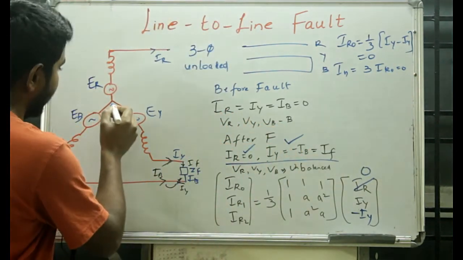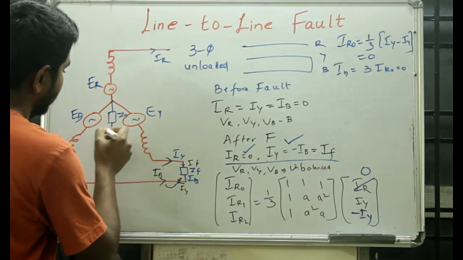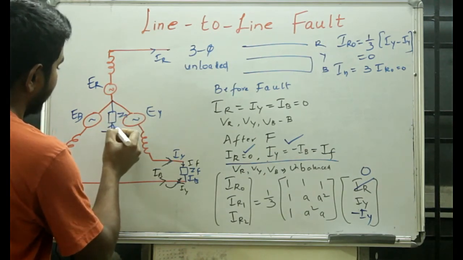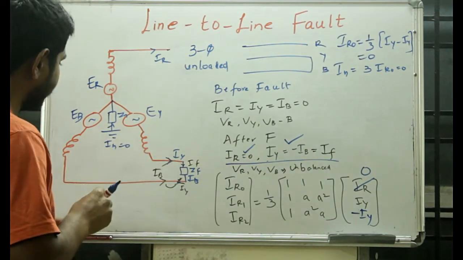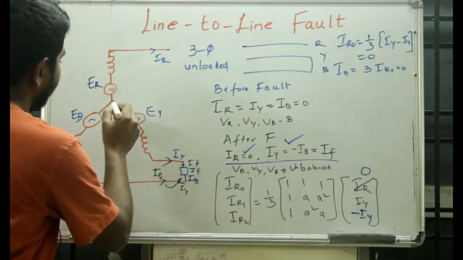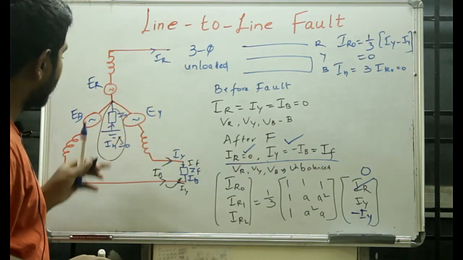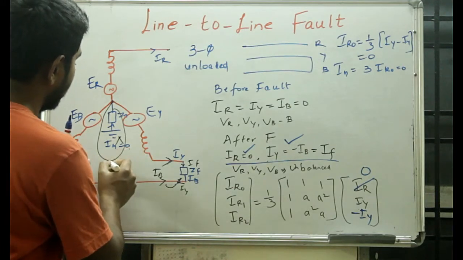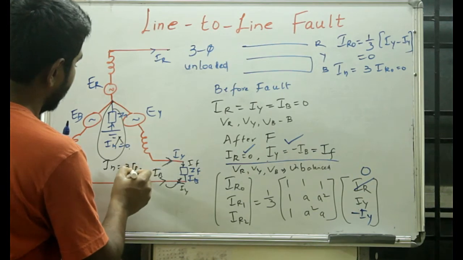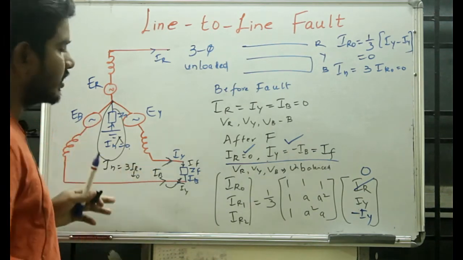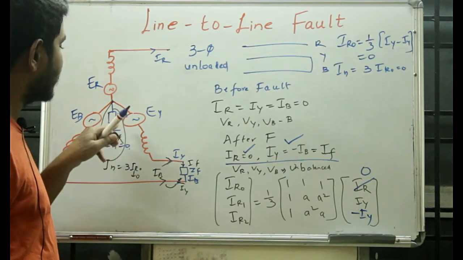So if I connect a neutral impedance Zn which is grounded here, the current IN will be 0. That means the neutral is of no significance for us in the line to line fault current, because IN is nothing but 3 times IR0, and when IR0 is 0, IN will be 0.